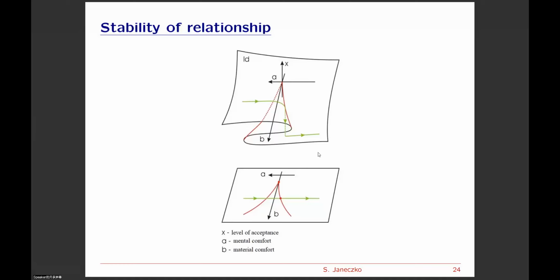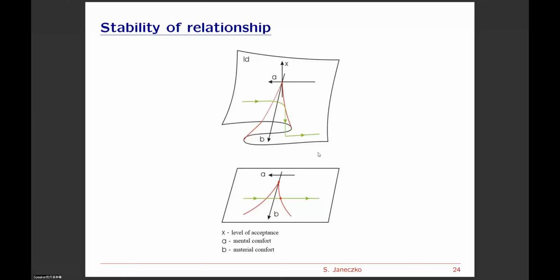A is mental comfort. You see? A is mental comfort. Then you are here, so you are high on X, so she accepts you.